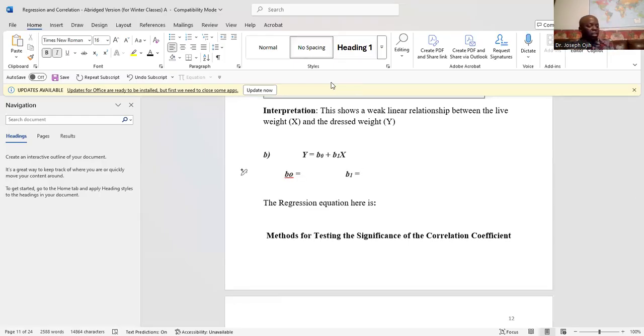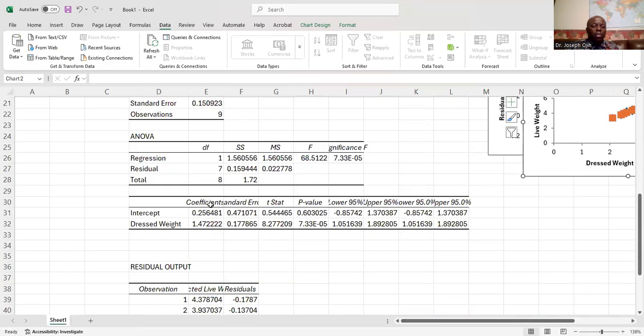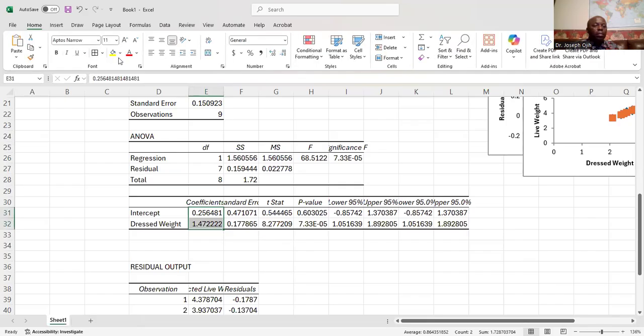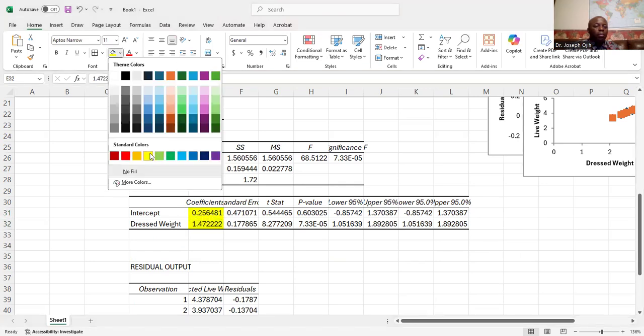Let's go back so we can get the result for B0 and B1. You can see our B0 and B1 right here. Let me highlight them. This is B0, we highlighted yellow, and B1, I'm going to highlight green.